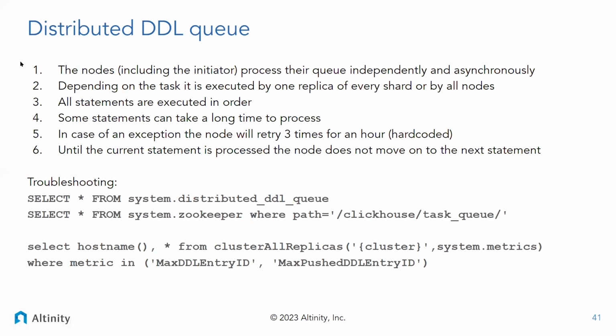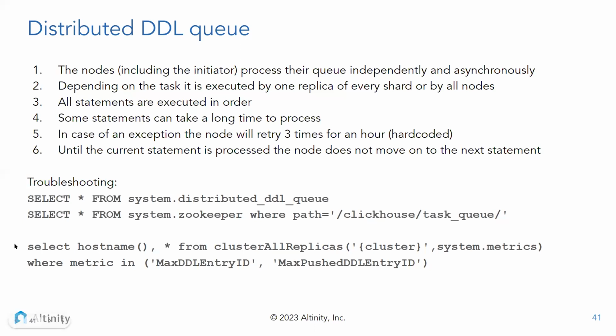And you can actually see these by looking at system.distributed_ddl_queue. So this will show you what ClickHouse thinks is in the queue. Moreover, there's another great system table. If you're using Keeper, you can go and select off system.zookeeper, and you can actually see the entries in Zookeeper itself, so you can see what Zookeeper thinks about this.